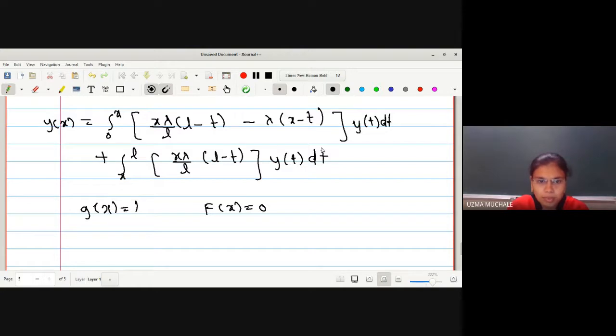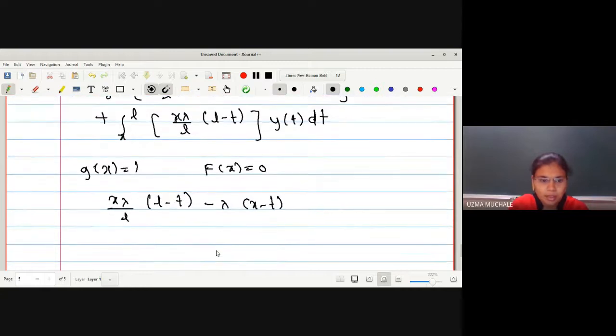What can we do for this term? x lambda upon L into (L minus t) minus lambda (x minus t). If we multiply x lambda inside, L gets cancelled: minus x lambda upon L into t, minus lambda x, and minus becomes plus lambda into t.